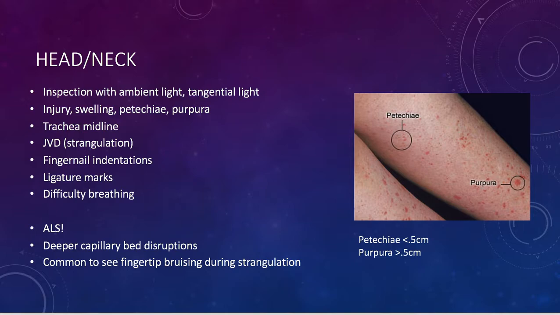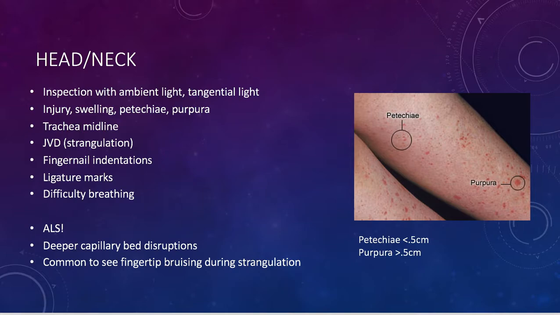Is there any JVD distension, especially if the patient has a cardiac history with any venous congestion. Making sure that you're looking really well for fingernail indentation. If it's an acute assault that happened within the past few hours, then you may very well see fingernail indentations, or you may see transient lesions where the fingernails were.